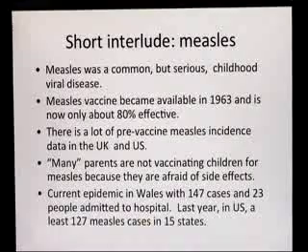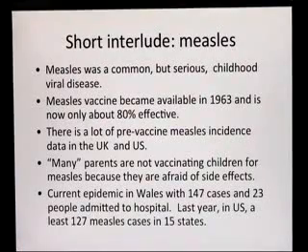So just a short interlude about measles. Measles was a very common but actually fairly serious childhood viral disease. A vaccine became available in 1963, and there have been various modifications, improvements of the vaccine, but even now it's only about 80% effective. You don't usually read this, but the vaccine is only about 80% effective.